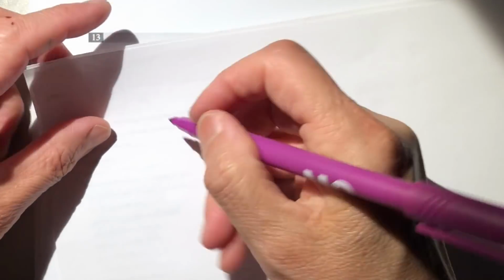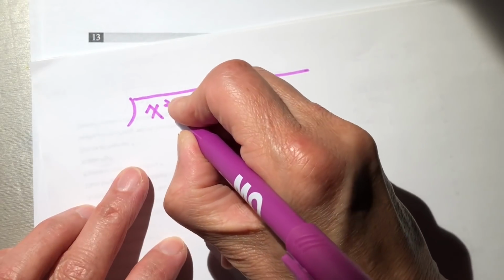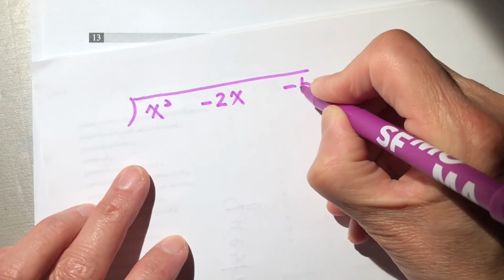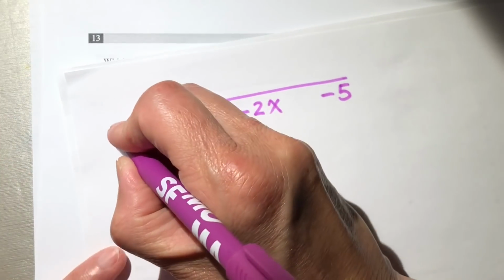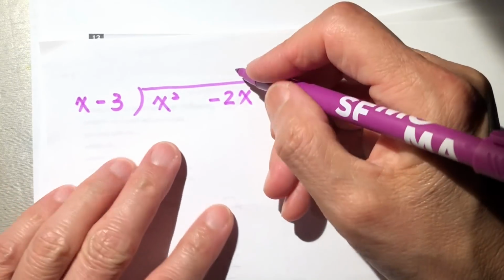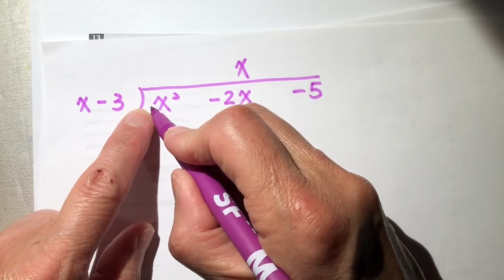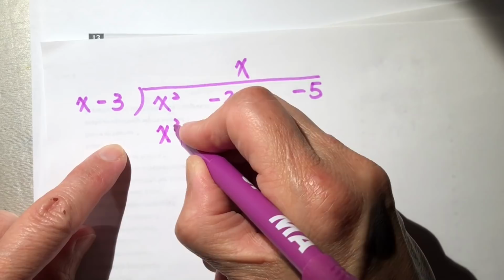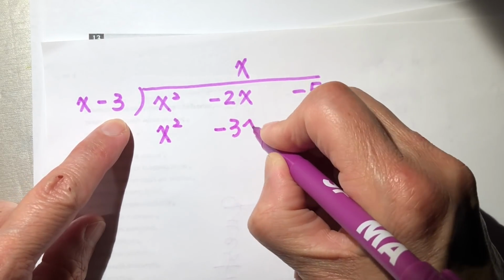So we see the numerator x squared minus 2x minus 5, and the denominator is x minus 3. What do we do? We do x times, because the coefficient is 1, so we do 1. X times x squared. X times negative 3, negative 3x.